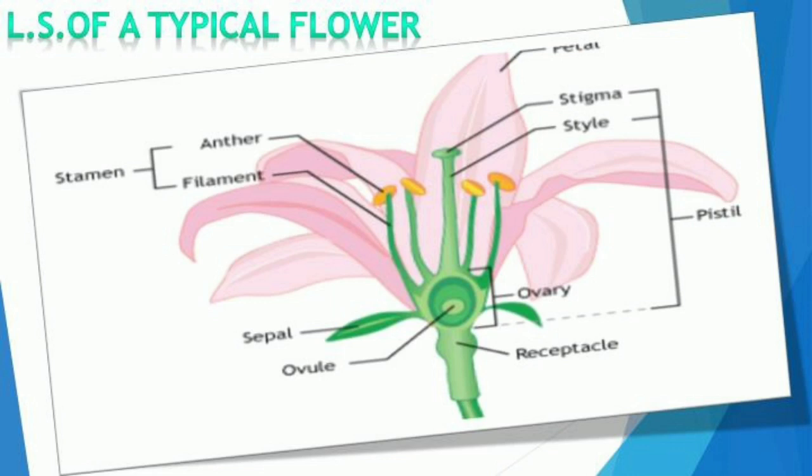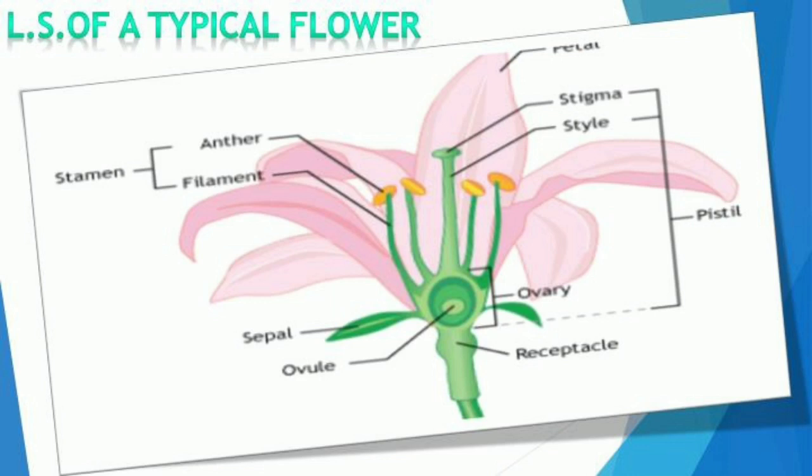The reproductive parts of angiosperms, that is flowering plants, are located in the flower. And you have already studied the different parts of a flower, right? So the green colored portion seen below the flower is called sepals. And then we have petals, the colored and attractive part of a flower.